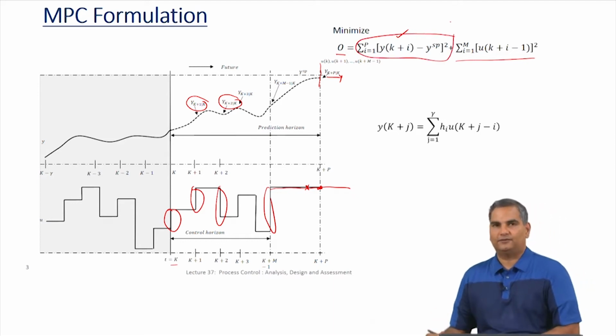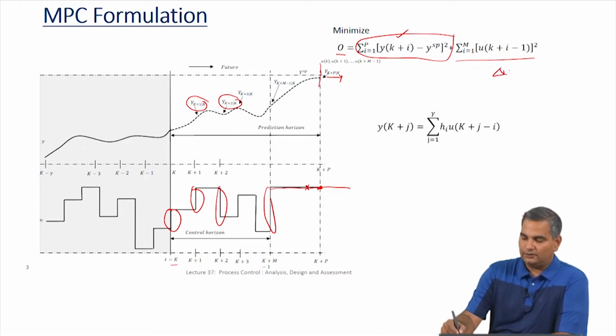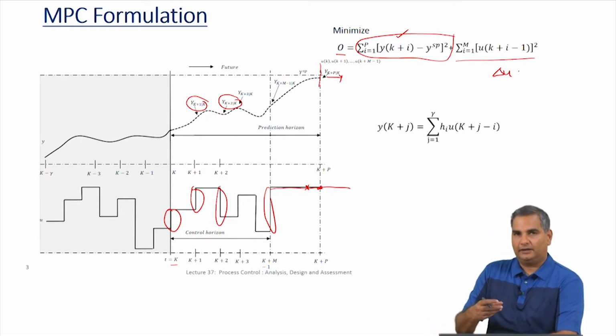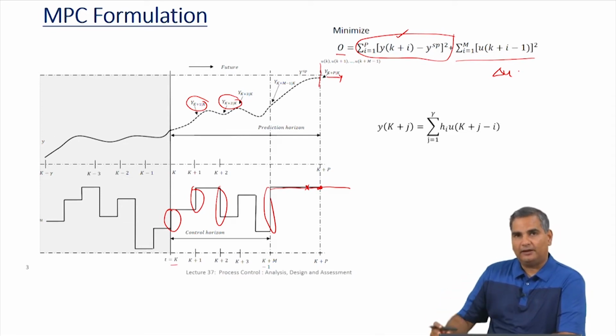This is a more generalized formulation, and of course, we can make this even more general by adding terms for delta u and so on. So, that will not only say that I do not want to make very big control values, but at each instant I do not also want to make very big changes.